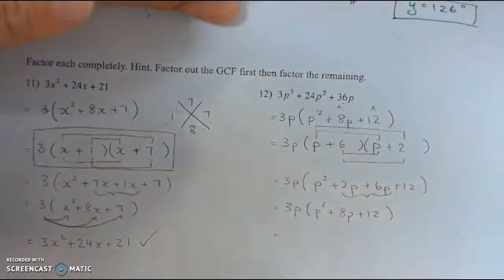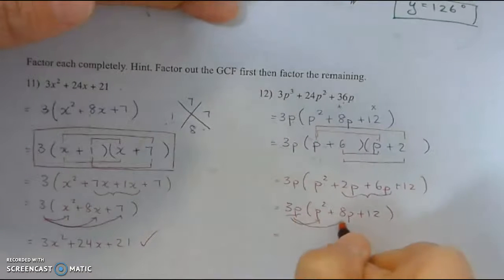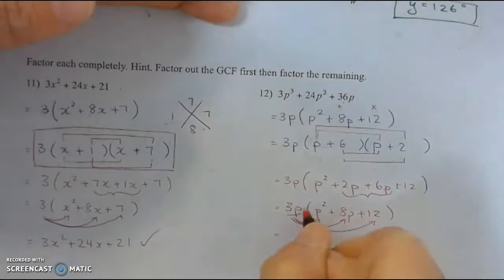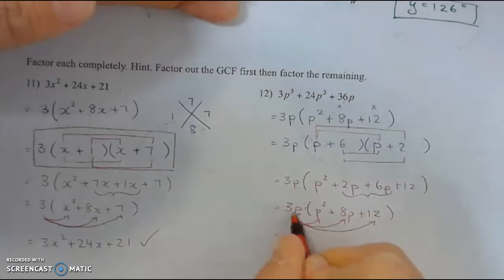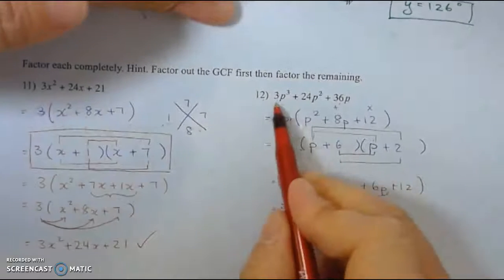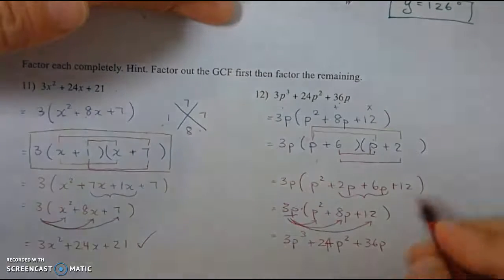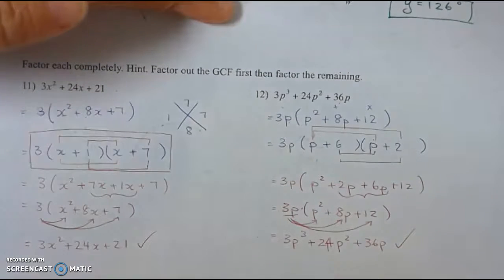And now I am going to be distributing 3p to each of the terms inside the parentheses, but because this is being multiplied, 3p times p squared is 3p to the power of 3. 3 times 8 is 24. And p times p is p squared. And 3 times 12 is 36, times p is 36p. And that is the original quadratic expression that I started off with. So I know that my factoring is correct as well.